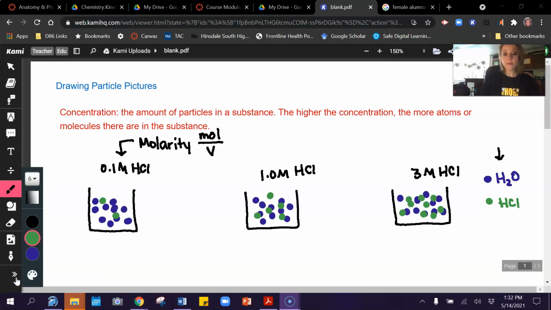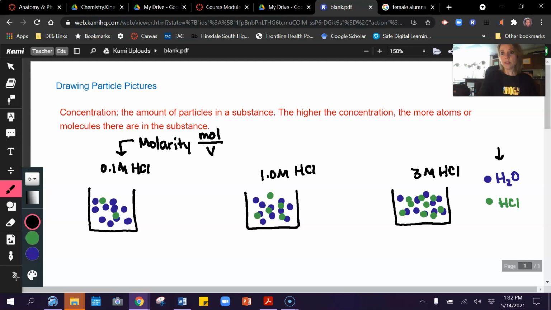Okay, so I finished my pictures here, and as you can see, in all of my little beakers that I drew, I have the same amount of water molecules. I put 10 dots there, but the thing that's changing is the amount of the green dots. So the beaker that has the acid with the highest concentration has more green dots. We have more acid molecules than we do in the other ones.